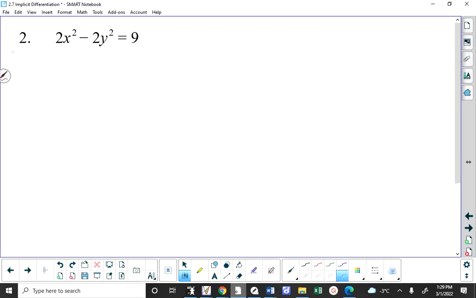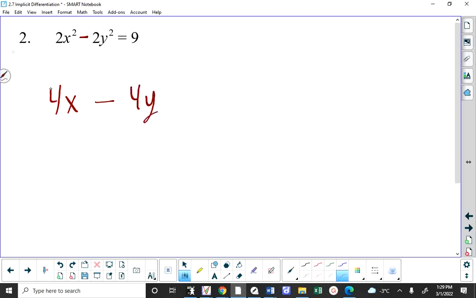Let's differentiate. What is the derivative with respect to x of 2x squared? 4x. That's it. What we learned a week ago. So minus, because the derivative of a difference is the difference of the derivatives. What is the derivative of 2y squared?